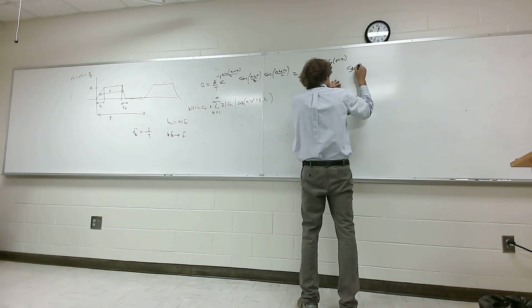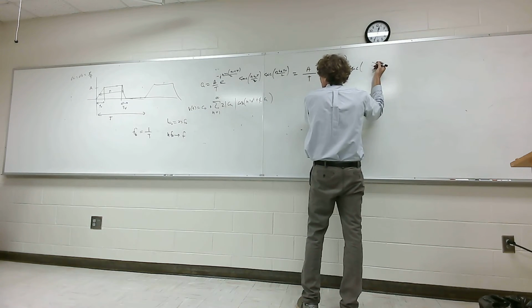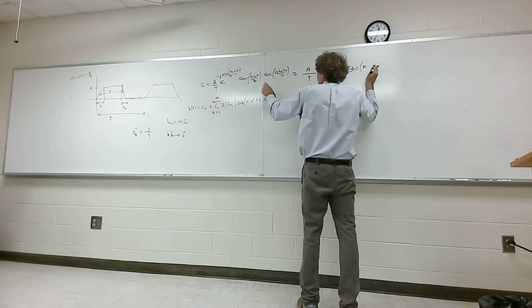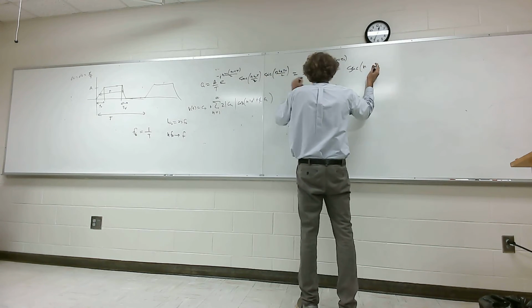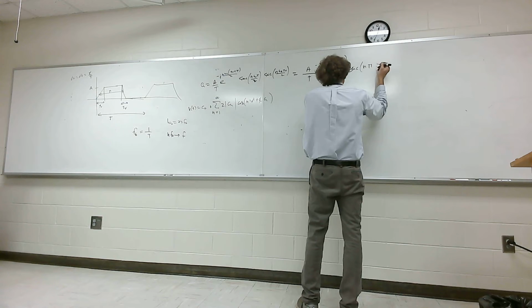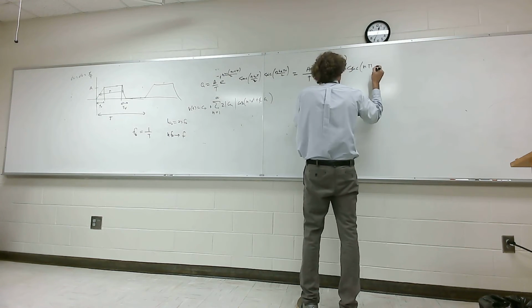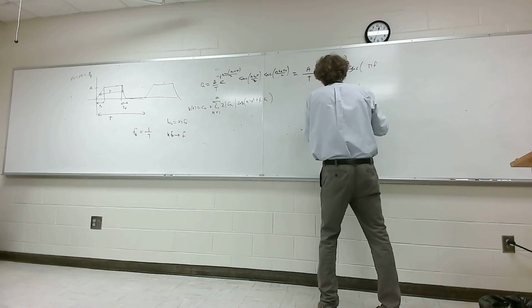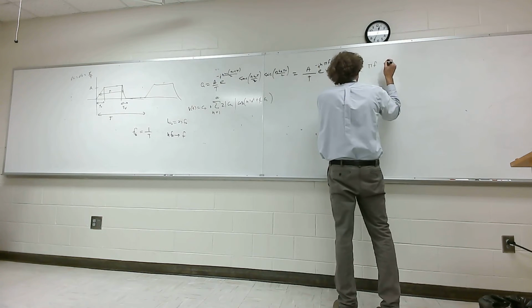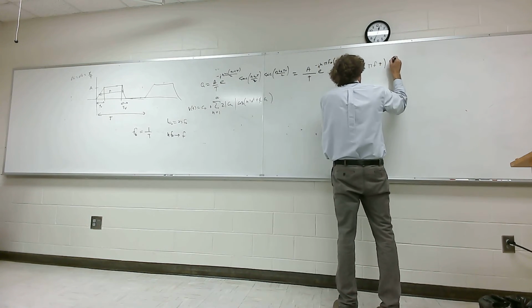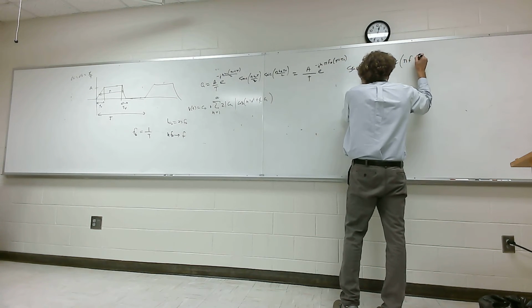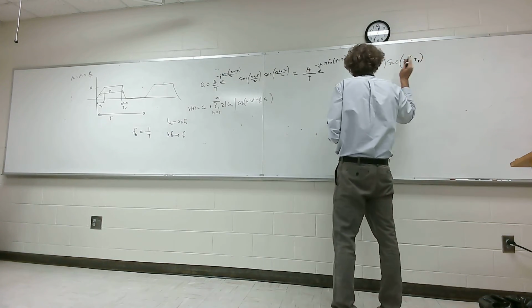Then it's going to be times the sinc function of, normally it would be n pi f naught tau, but n f naught becomes f, so pi f tau, times the sinc of pi f tau rise.